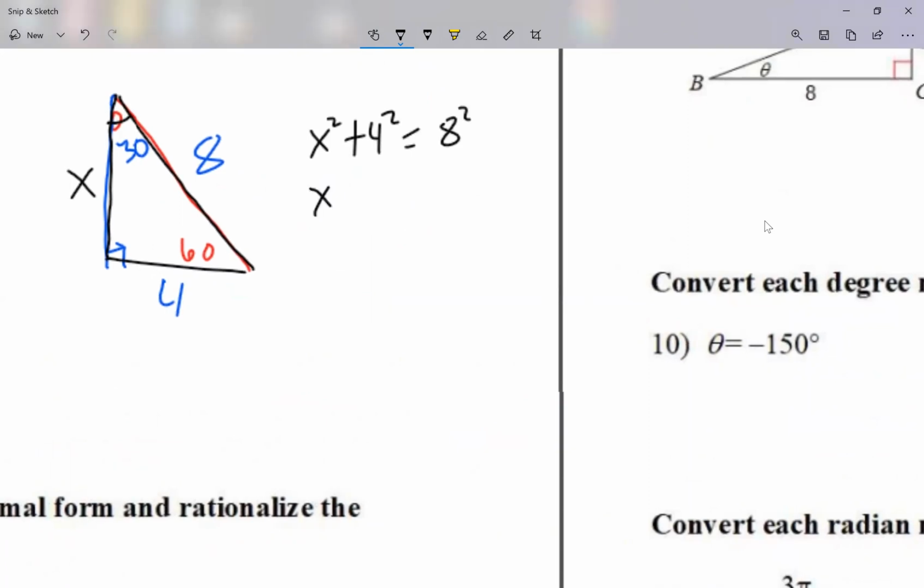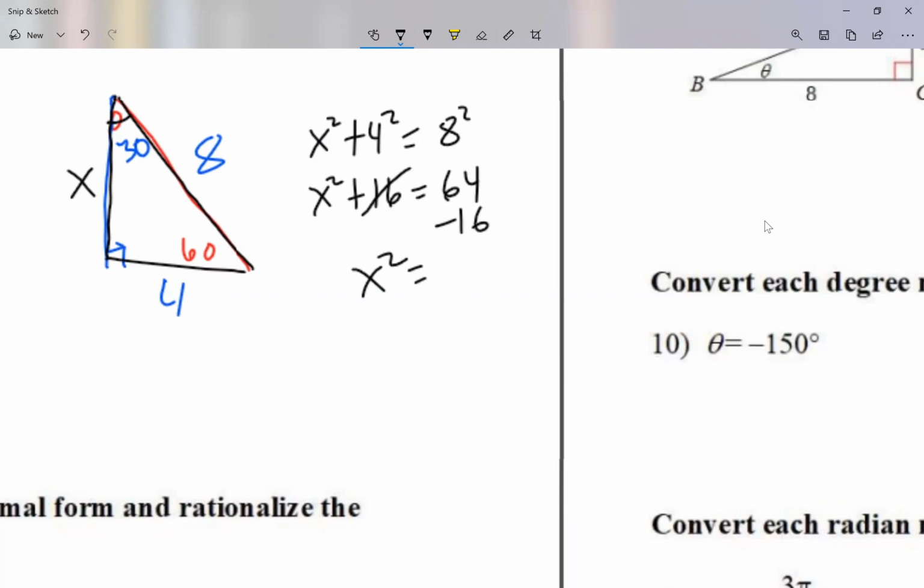So I have that x squared plus 16 is equal to 64. Now this plus 16, let me move it over as a minus 16. So I get that x squared is equal to, now 64 minus 16, I get 48. So that means that x is the square root of 48.